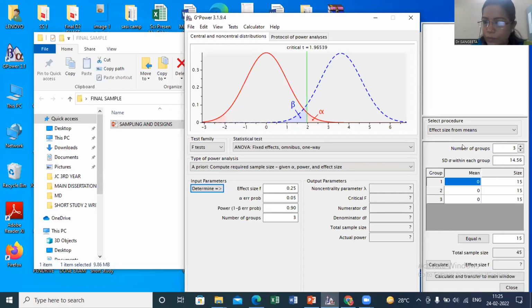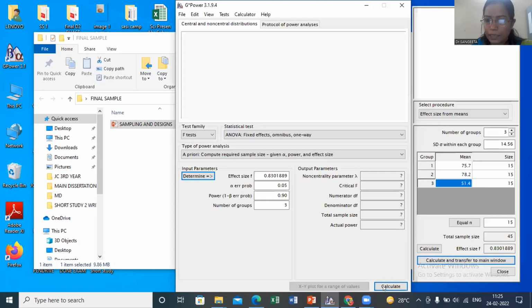So the mean for the first group is 75.7, the mean in the second group is 78.2, and the mean in the third group is 51.4. So it has transferred here and say calculate.